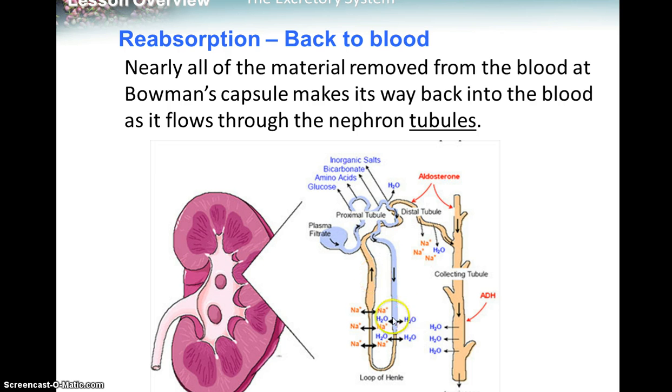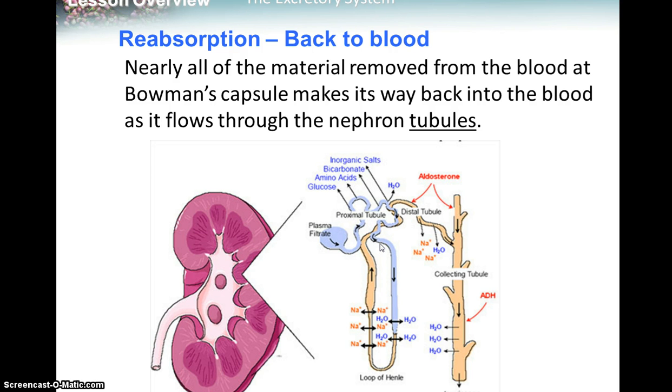So you can see that water can move in and out of here, salt can move in and out of here. So your body, the kidney, recaptures and returns to the body about 99% of what it filters out. So this gives it a very precise way to maintain levels in your body.